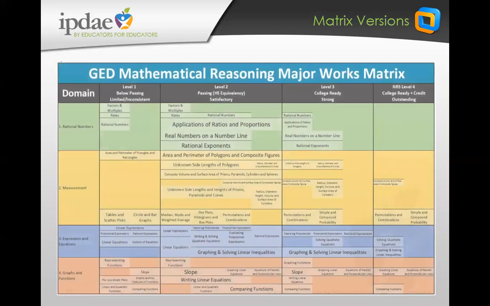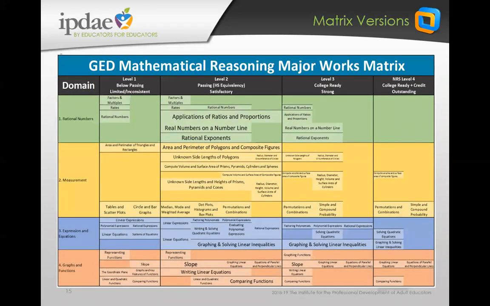Okay, we're going to move on to other versions of the matrix. Because the previous slide of the GED PLD matrix is very wordy and looks very intimidating for the students, we created a simplified version where we chunked all of the GED performance level descriptors according to topic.